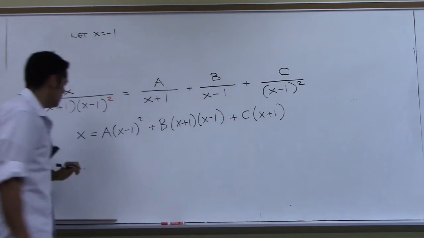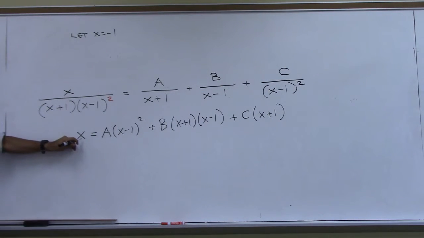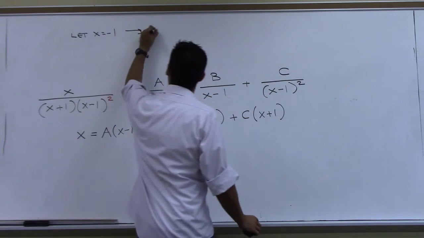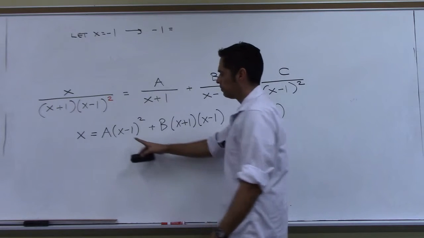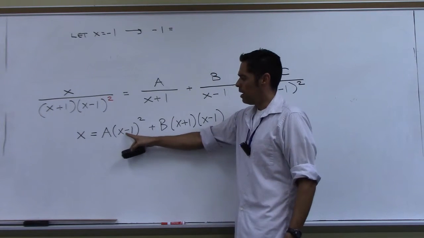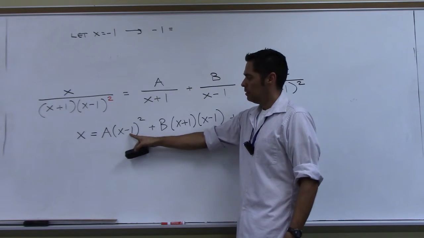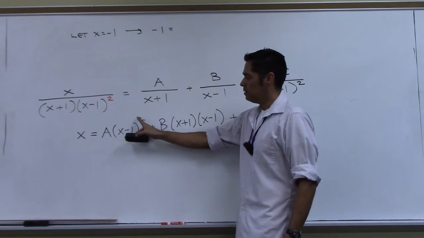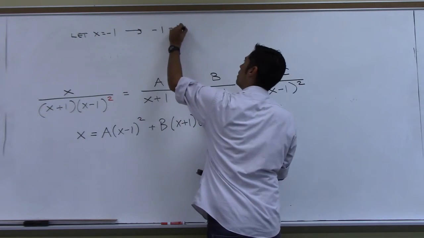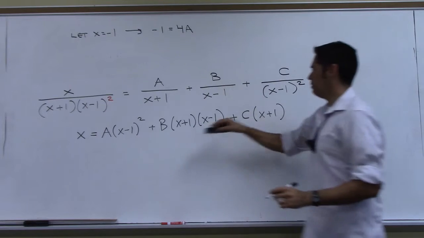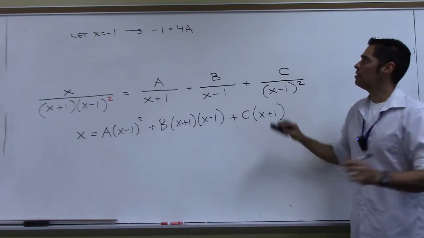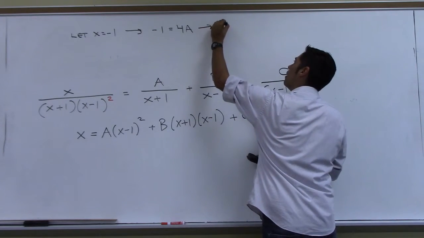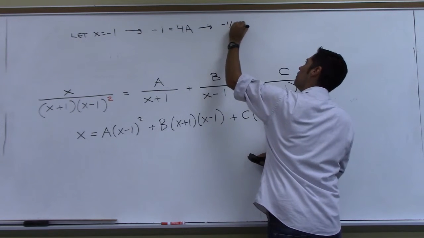And you get what here? -1 equals -1 minus 1 is -2 squared, 4, so 4a. And what about these two? They're gone. So a is what? -1/4?